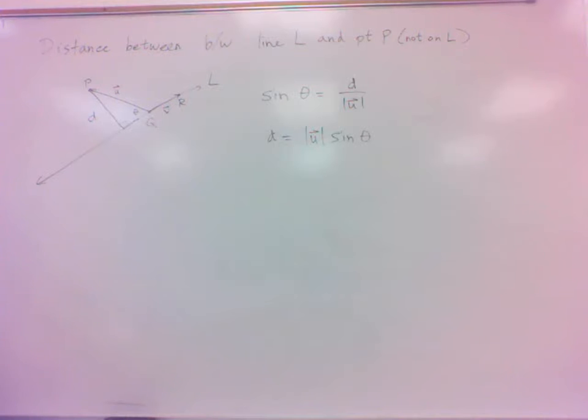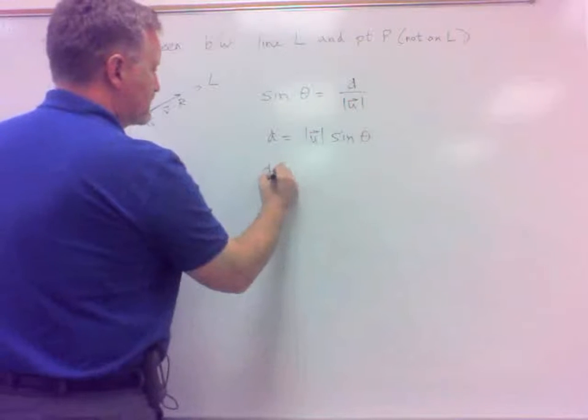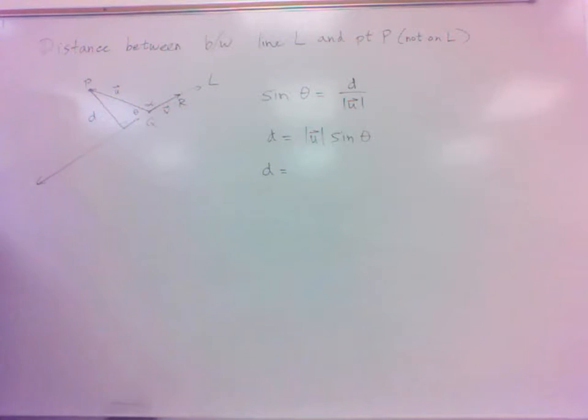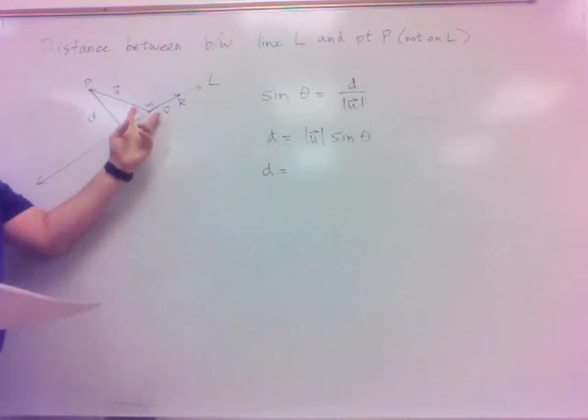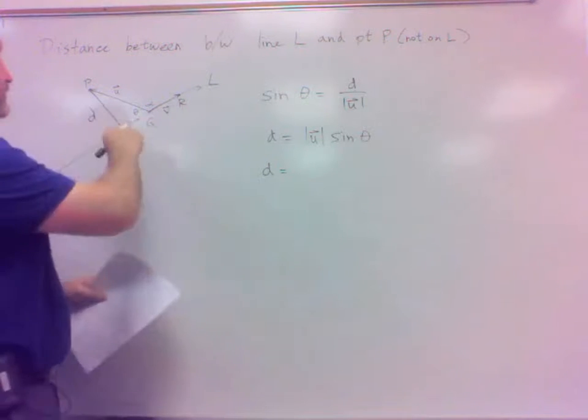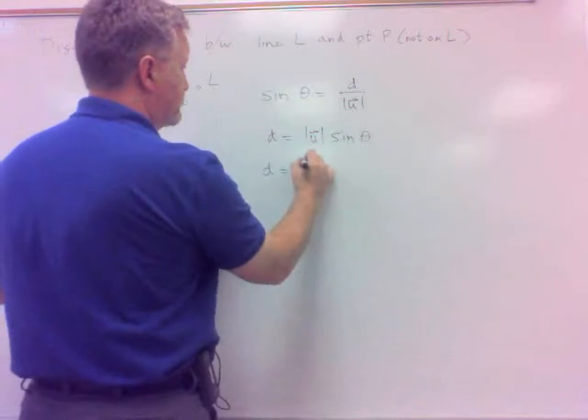Okay. Well, that's fine. However, let's notice this. If I think about this angle, alpha, which is the angle between the U and the V vector, those are supplementary. Alpha and theta are supplementary.